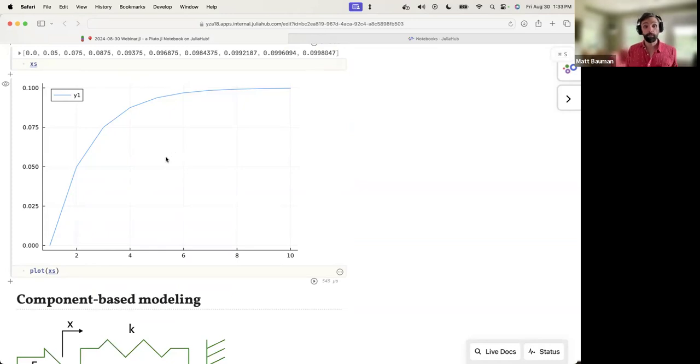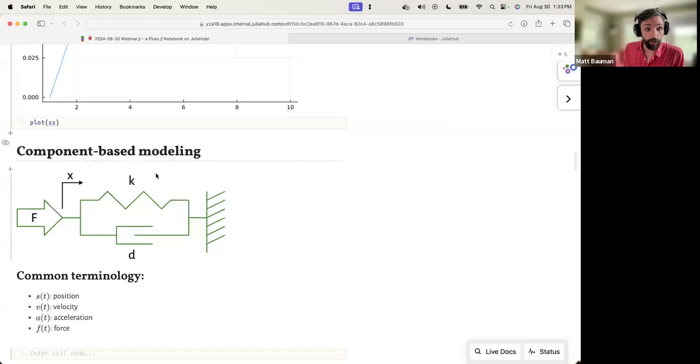Let's do this better. So one way that we can do this better is through component-based modeling. If you remember, we had a little bit of a tricky time thinking through how we think about the mixture of the force, the spring constant, and the damper. And if you think closely, we are missing some parts of the system, right?